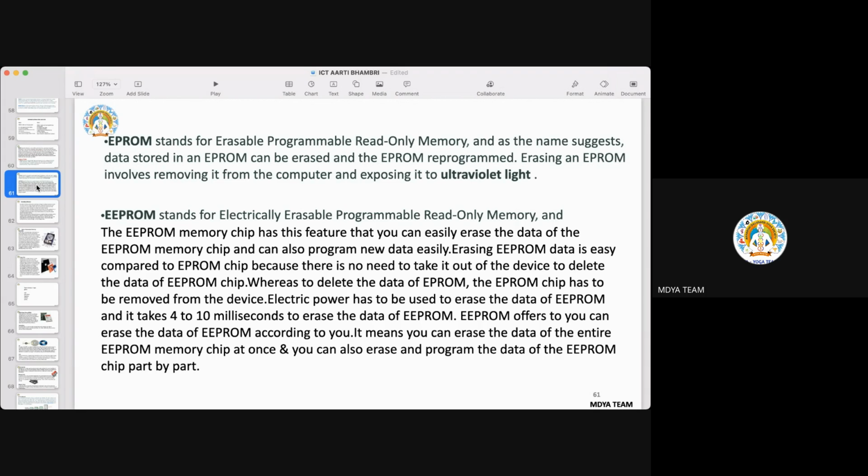So to delete data in EPROM, you have to take it out of the device, and in EEPROM electrical power is used to erase the data. It needs not even a second, just a few milliseconds, to erase the data, and as per your need you can program it again.